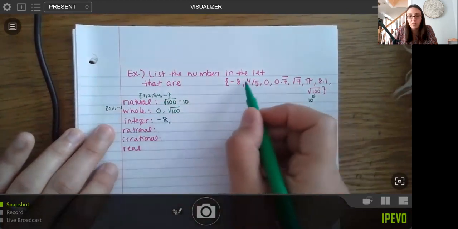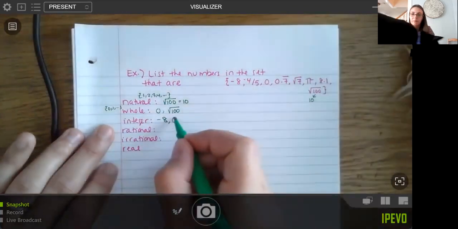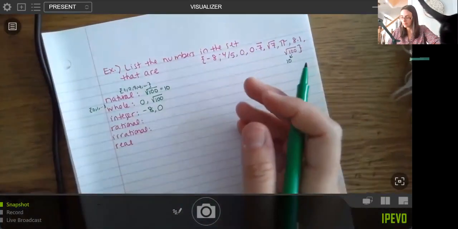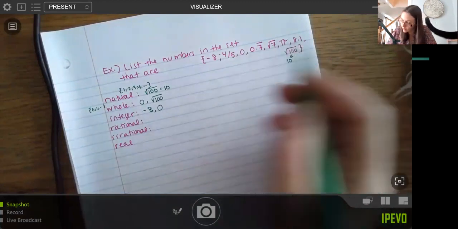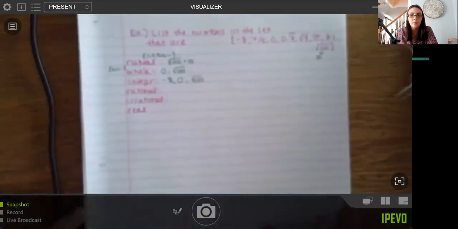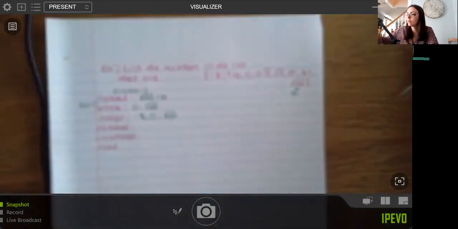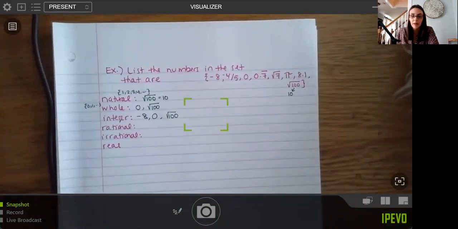Now this is a fraction, so it's not a part of the integer group. 0 is an integer. Let's see, and then just the square root of 100. Let's fix that.